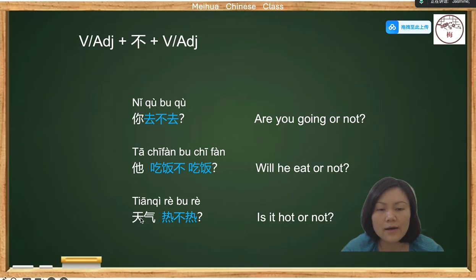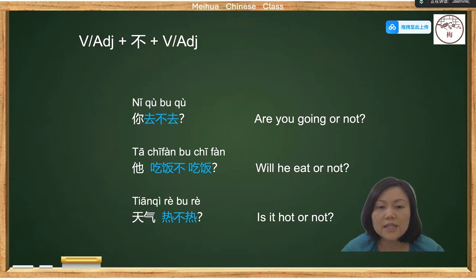The structure is subject plus predicate. Here, the predicate is an adjective. It's not a normal verb. But still, we don't see any linking verb in between, right? This is very common and valid in the Chinese language. We don't need a linking verb between a noun subject and an adjective.